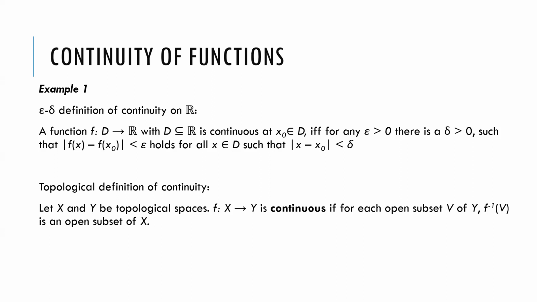So in example 1, we show this equivalence by going from the topological definition to the epsilon-delta definition and then going the other way around. So does anyone want to try to prove that if one of the definitions holds, then the other definition holds as well?